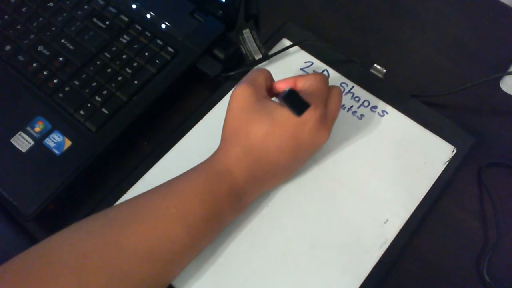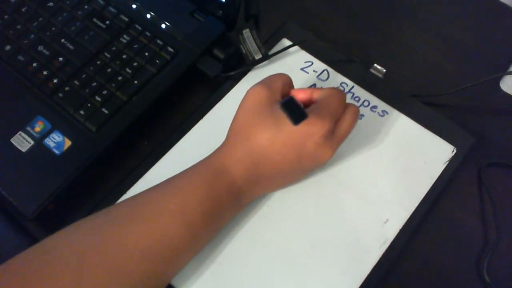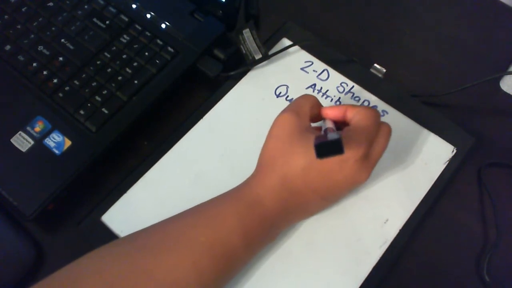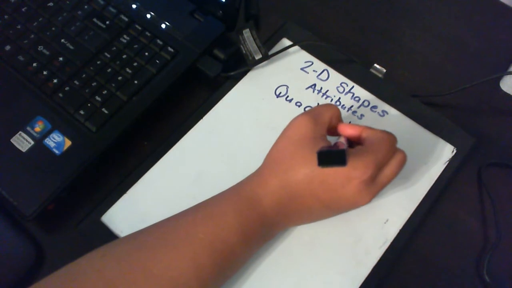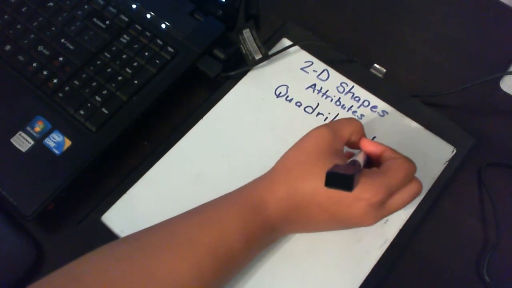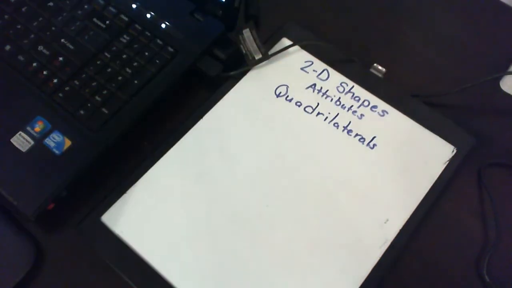So you need to make sure that you understand that this week we're looking at shapes that are flat. That's why they're called two-dimensional. That have four sides. And so for this video, we're just going to focus on the attributes.